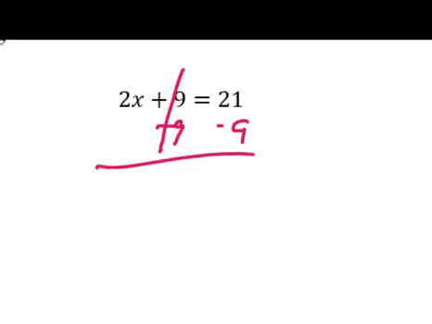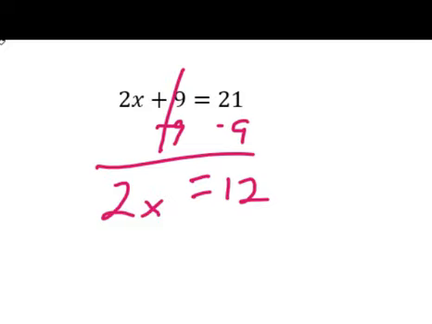So on this side of the equation, remember, this is my equal sign here, my equal sign still remains here. On this side of the equation, I have 2x left. And here, I simply have 21 minus 9, which is going to be 12. Now, this looks just like the one-step equations we were doing previously.